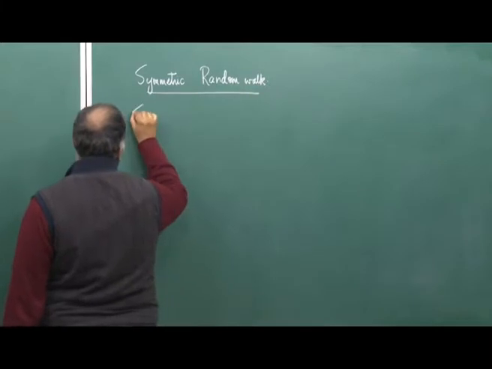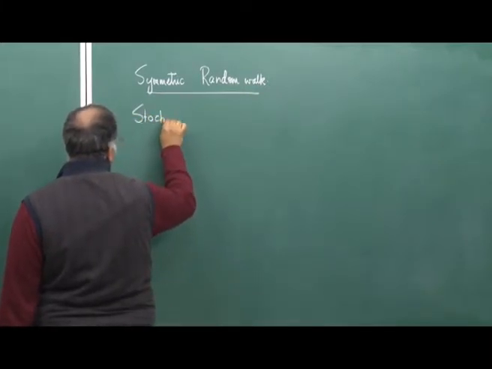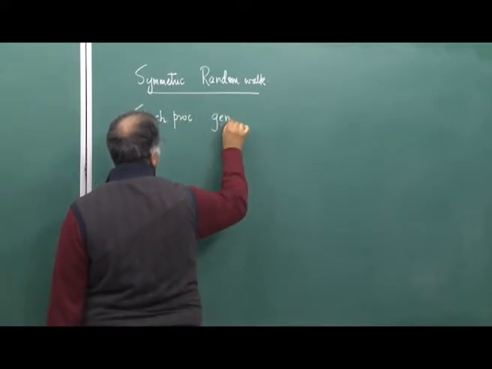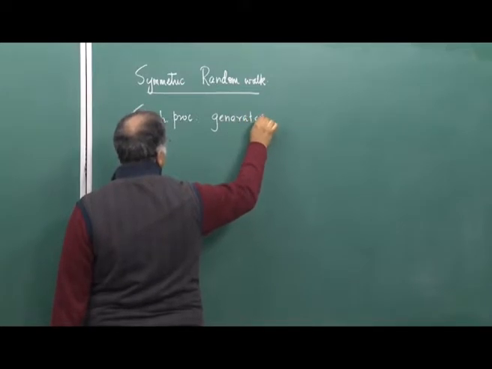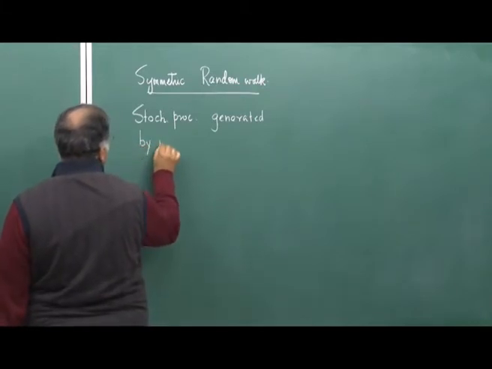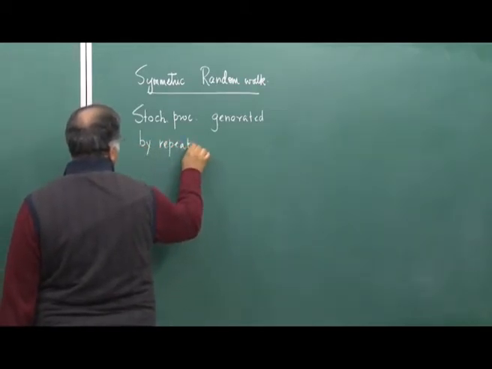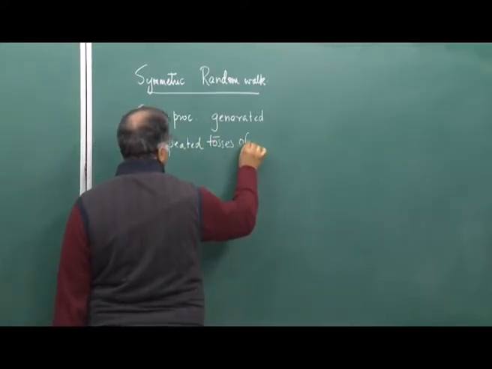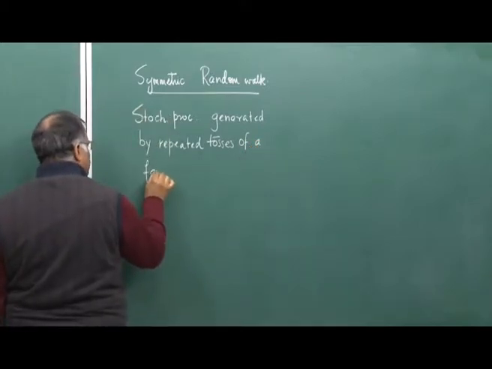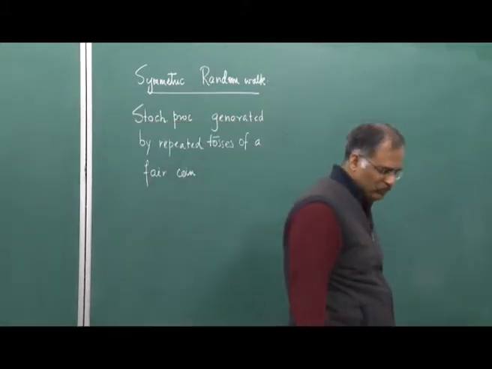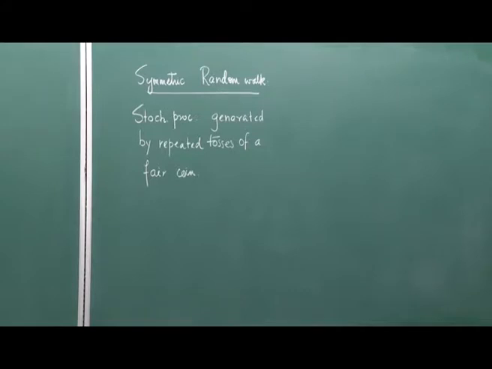This is a stochastic process, which I will write in short from now on as the stochastic process generated by repeated tosses of a fair coin. If you look at it very carefully, what I mean by this is the following.